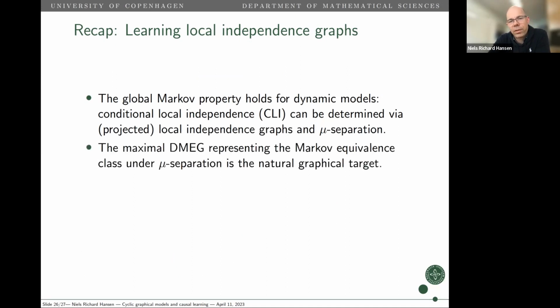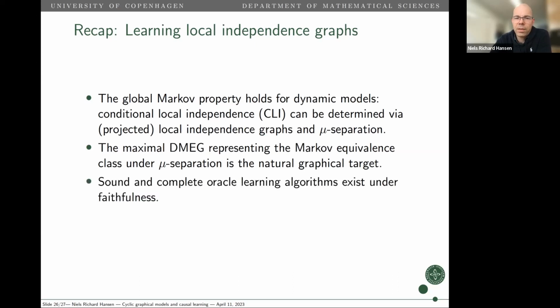For these directed mixed graphs here, we have maximal directed mixed equivalence graphs that represent the Markov equivalence class under mu separation, and these are the natural graphical target for learning. And then we have these sound and complete oracle learning algorithms under faithfulness. And then we have some recent developments on conditional local independence testing, also in a non-parametric way, where we do not rely on parametric modeling assumptions.